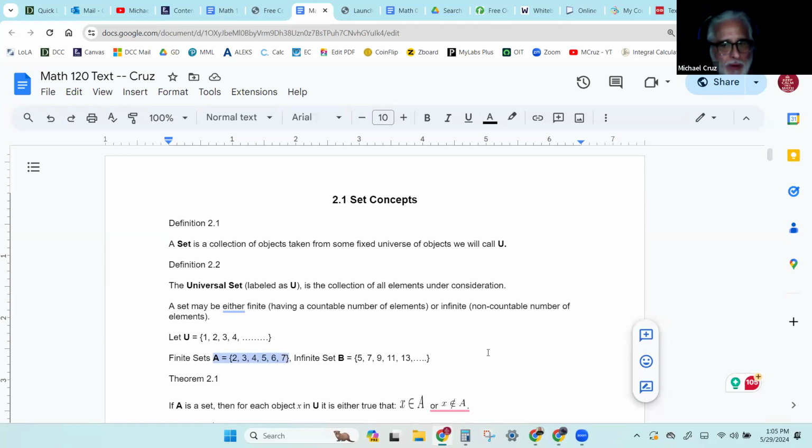All right, so 2, 3, 4, 5, 6, and 7 are elements that are taken from that set U, even though the 5, the 6, and the 7 are not physically listed here. That's what the dot, dot, dot represents. That it just keeps on going. Any finite set, you just open, fill them in, and close.